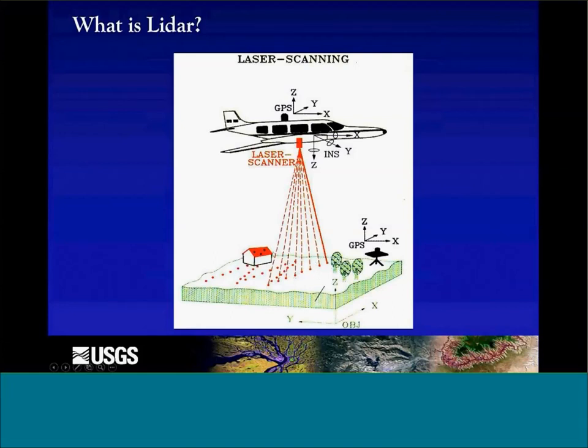So if I've got 1 square meter and 4 points that landed in it, what is the nominal or average spacing of those points?